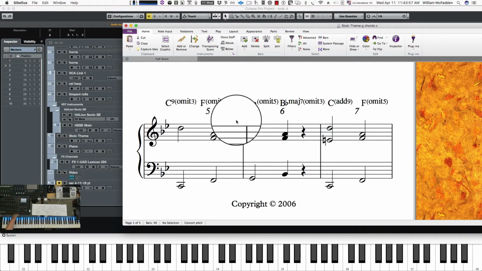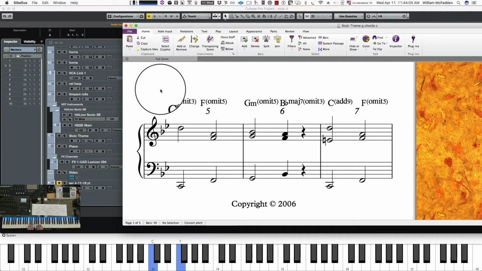In measure 5, with this ostinato still going, notice those two notes together give us a C ninth. Then we go to an F chord, but we're omitting the 5th.